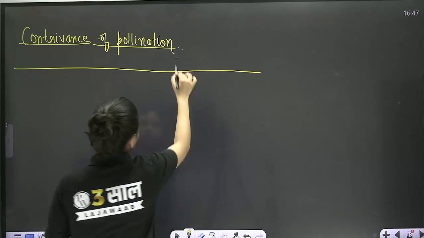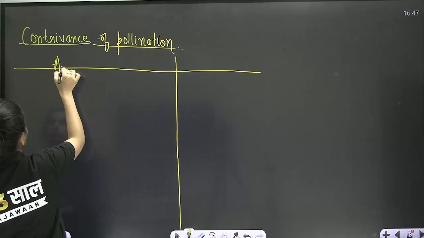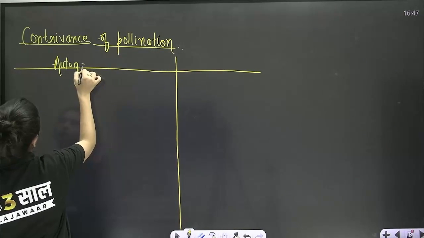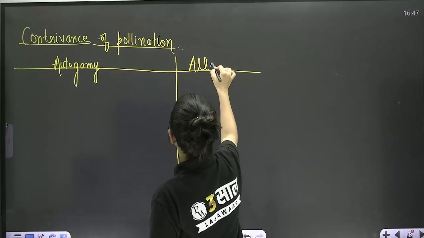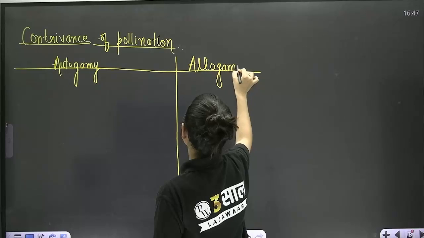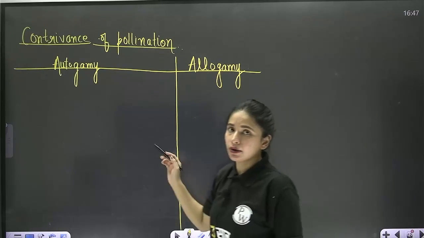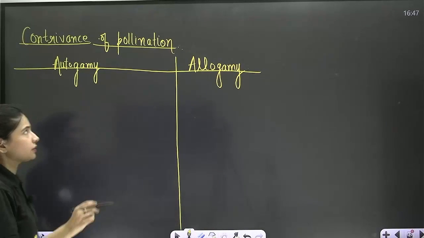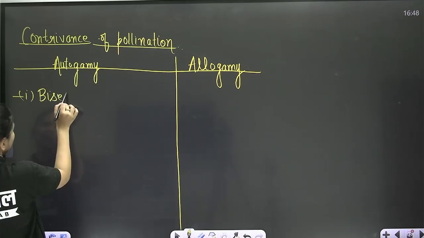So how many types of pollination do we have? Two. That is autogamy and allogamy. Correct? Now in autogamy, that is self-pollination, the first and foremost condition required is bisexuality.